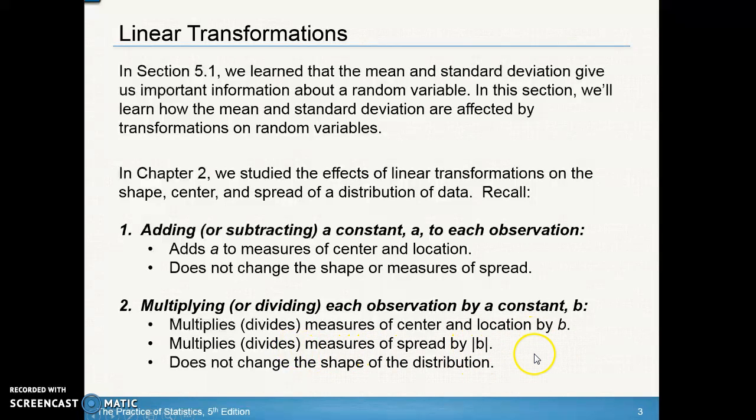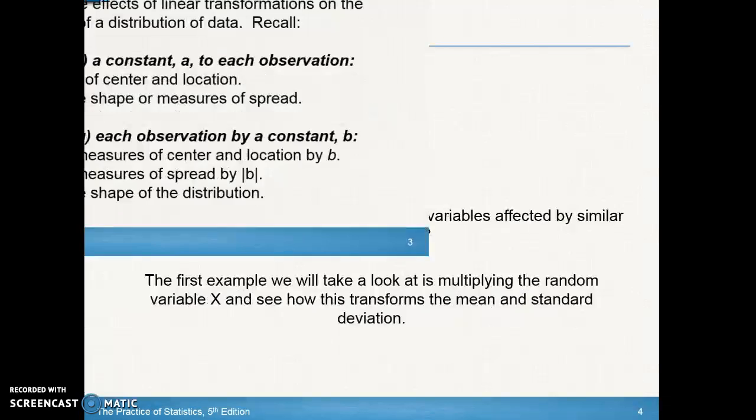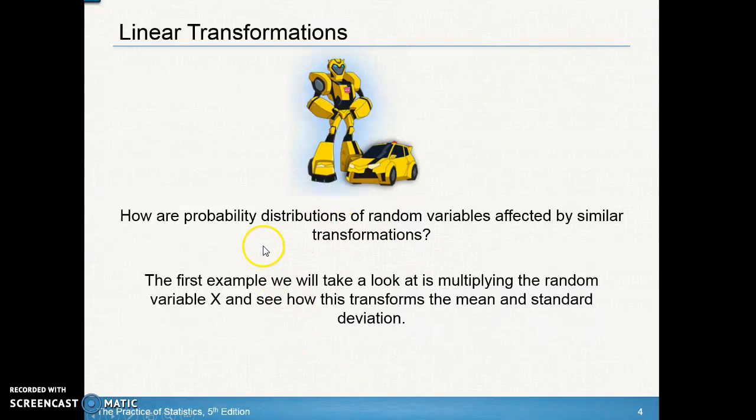So when we multiply or divide by a constant, it does change the spread. It either makes it more spread out or less spread out. So you want to multiply or divide your standard deviation by the constant that we multiplied or divided by, but it still doesn't change the shape of the distribution. When I say shape, that means it doesn't go from being approximately normally distributed to skewed right or skewed left.